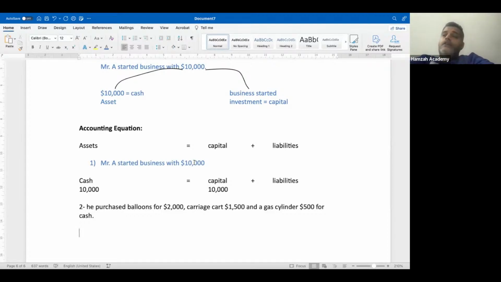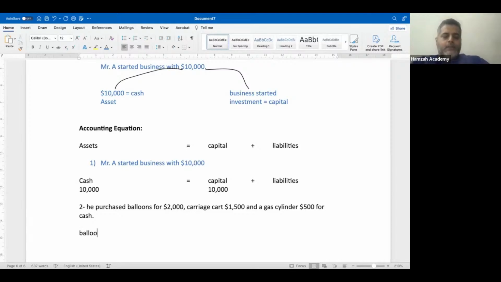So what will happen? New assets are going to be created: the balloons, which he is getting for resale, the carriage cart, which he will move around with, and the gas cylinder, with which he will be filling up the balloons. The existing asset, the cash, is decreasing and the new assets are increasing. So the dual effect is over here.